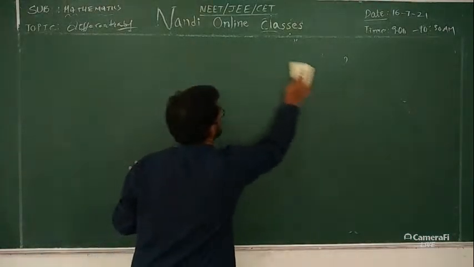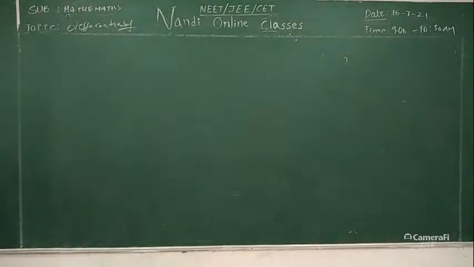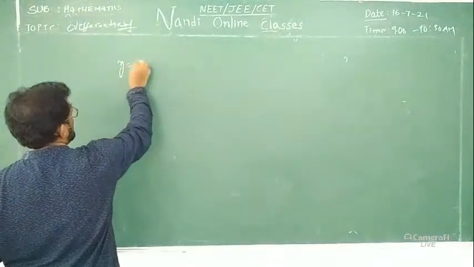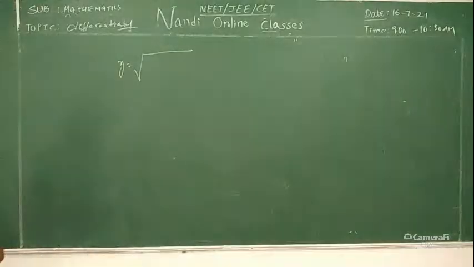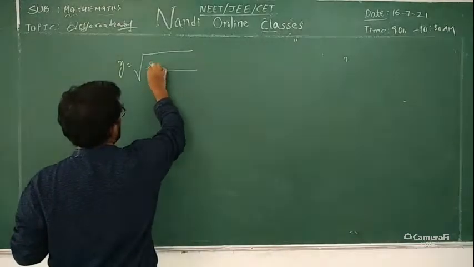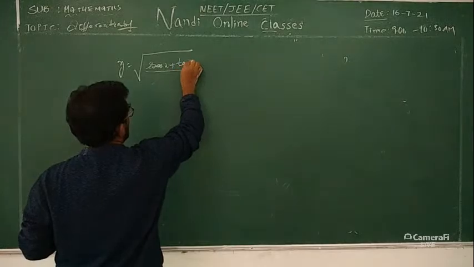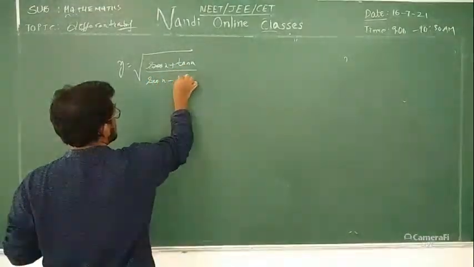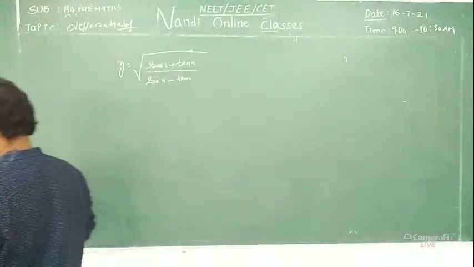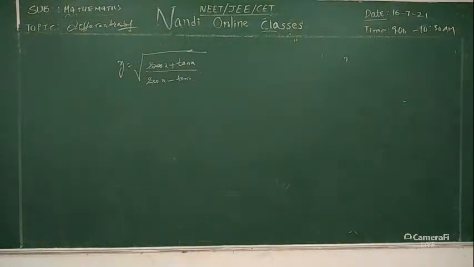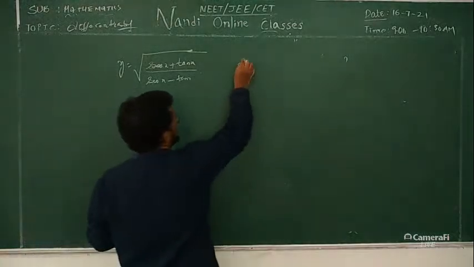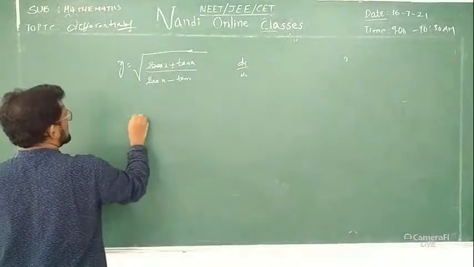Next, y is equal to square root of (secant plus tan) by (secant minus tan), asking for dy by dx. Simple thing.